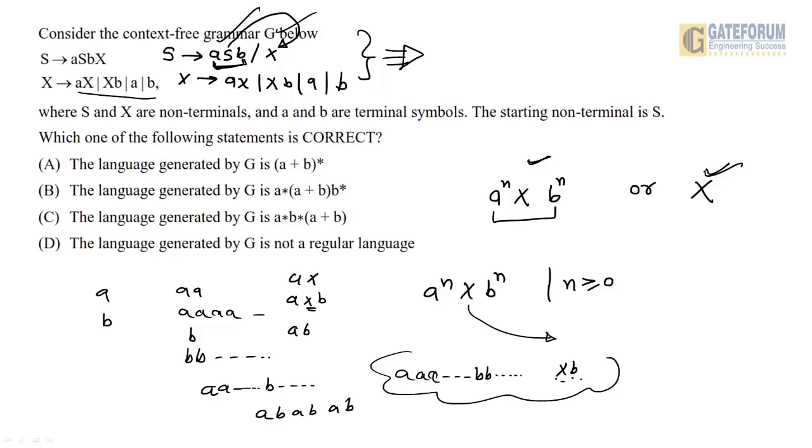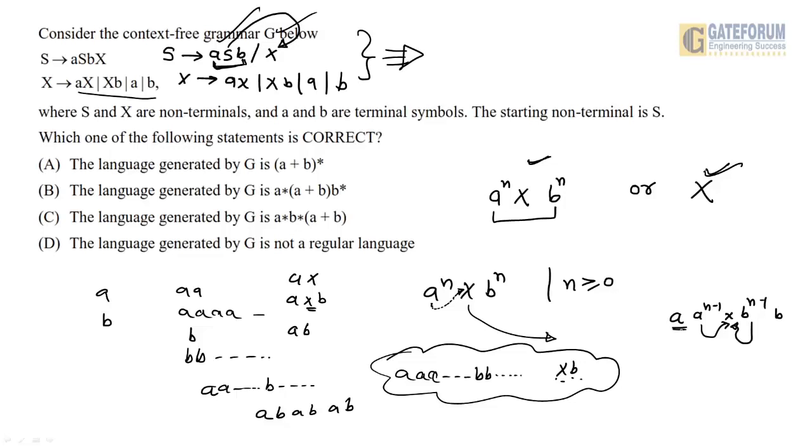Let's see here what we can say. Here we want to generate, just focus over this, a string A. So can we generate, just put like this, A^(n-1) X B^(n-1) B. Can we generate this type of string using this expression?